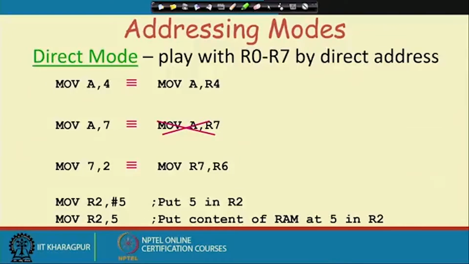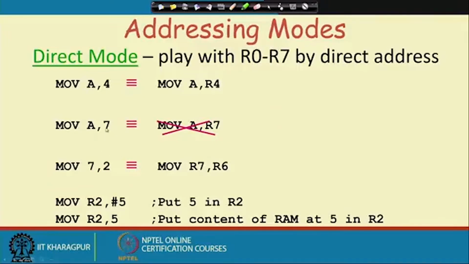Then we have the direct mode, where we can have instructions like MOV A, 4. Instead of writing registers, when you write MOV A, R4, it is equivalent to MOV A, 4. Then we can have MOV 7, 2, which is equivalent to MOV R7, R6.